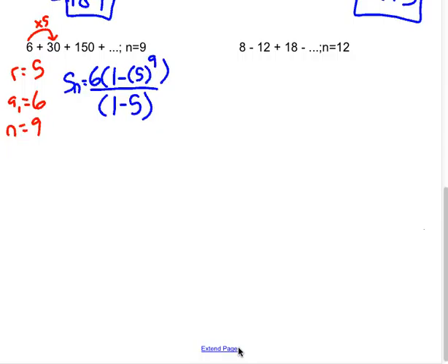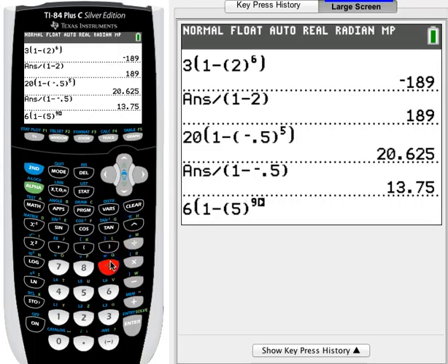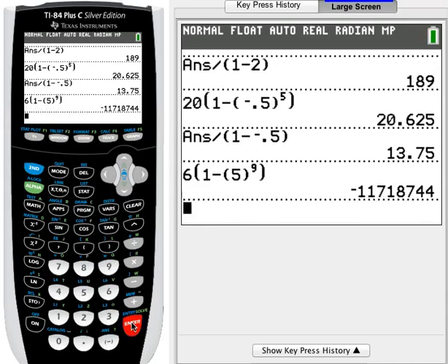So show me the formula, and now plug that very carefully into your calculator. So A1, 1 minus the rate to the nth power. As soon as you have the numerator, hit enter, and now let's divide it by 1 minus the rate.